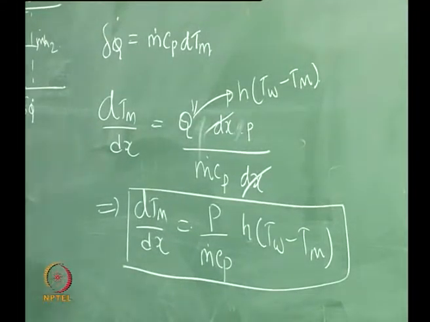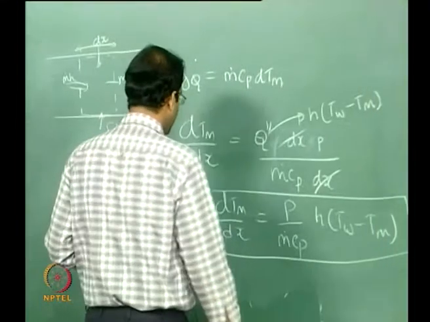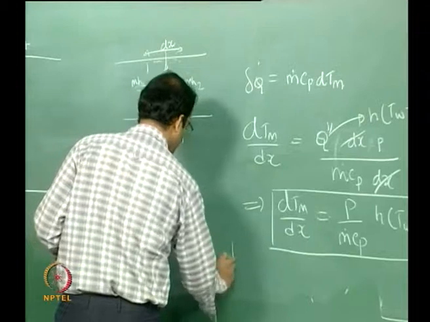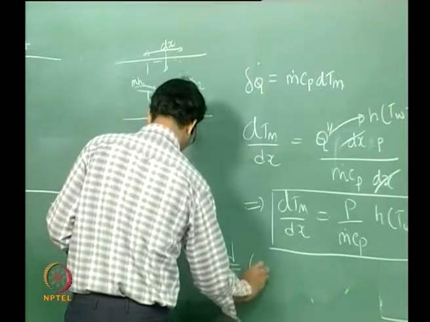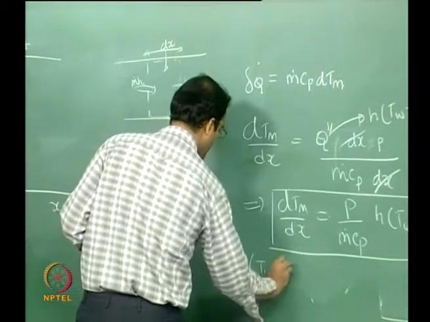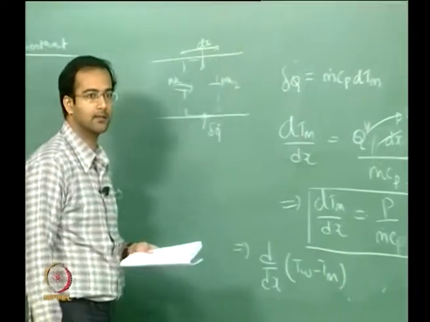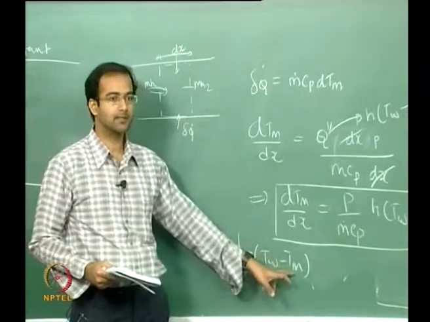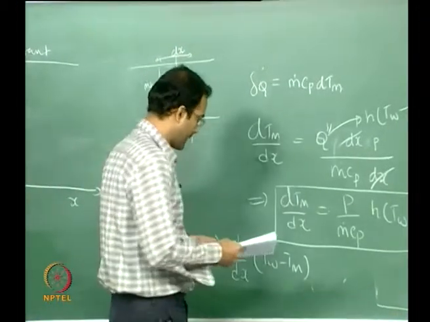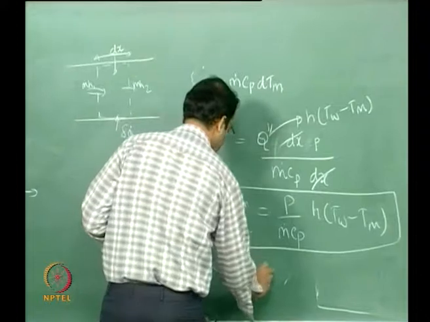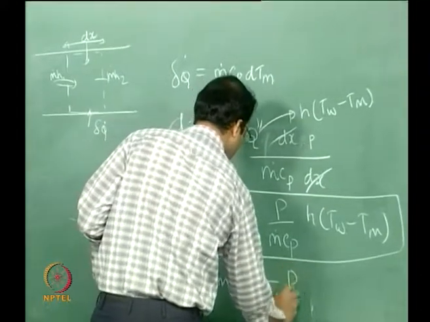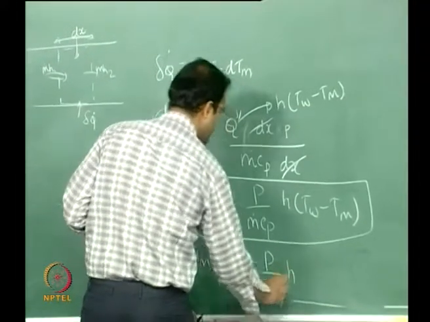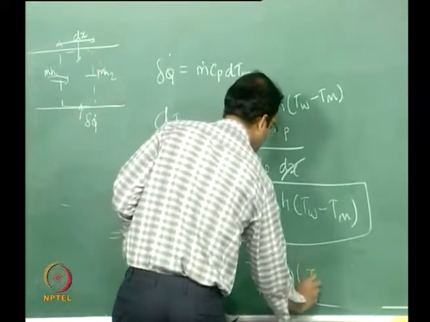What we can now do, since your T wall is a constant, is write this as d by dx of T wall minus Tm. T wall is a constant, so you can just introduce d by dx of T wall minus Tm. Now there will be a minus sign, so we put a minus sign on this side also: P by m dot Cp into h into T wall minus Tm, which is already here.